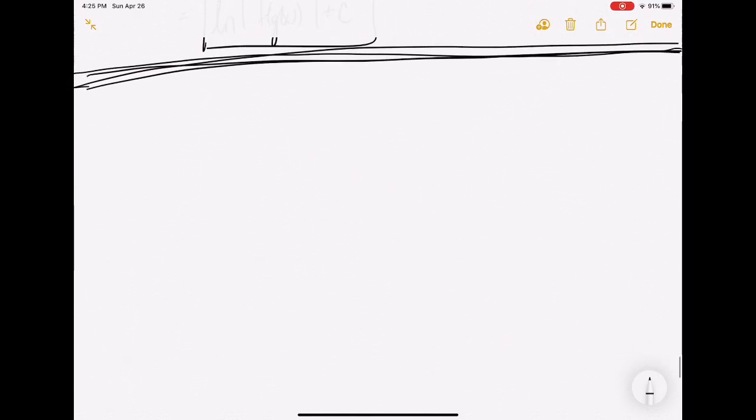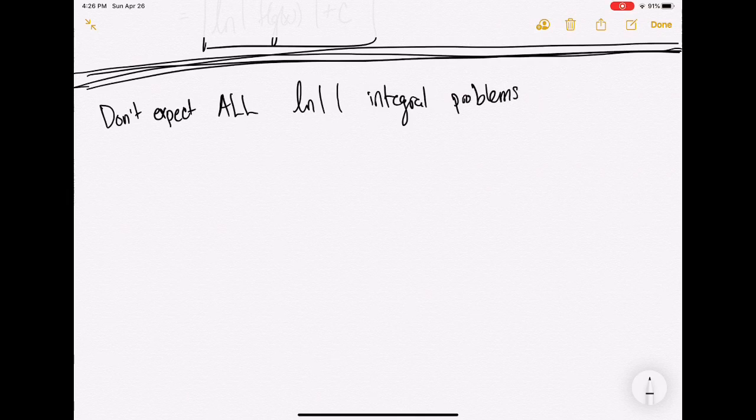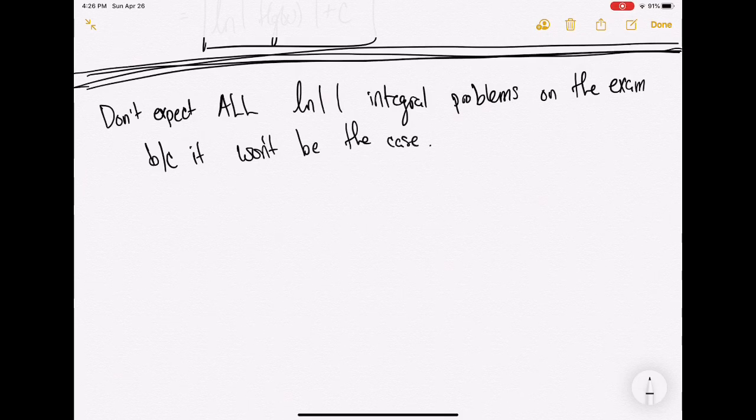Anyway, don't expect all natural log integral problems on your exam, because it won't be the case. I'll make sure that at least one of them is not natural log.